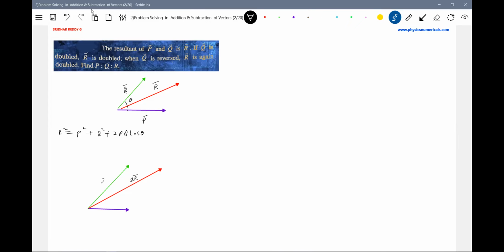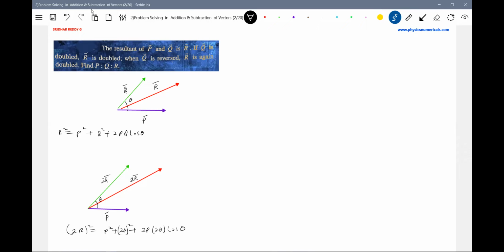So we have 2R bar, 2Q bar, and as usual P bar. The angle between the vectors will not change. That's the condition given. Looking at this, what is the equation you can write? 2R whole square equals P square plus 2Q whole square plus 2P times 2Q cos theta.